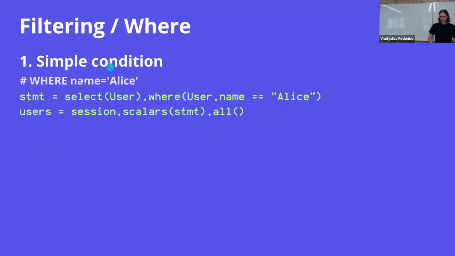If you want to use where, you add the where method to your select with chaining, and you have a statement inside where. So it's pretty easy and very similar to actual SQL, but using Python methods.